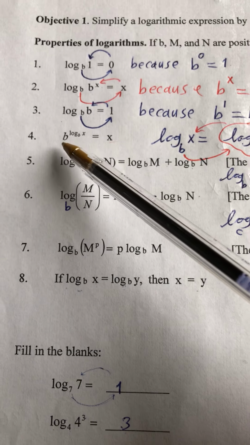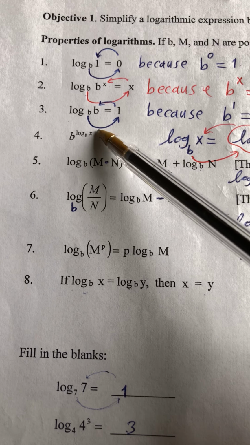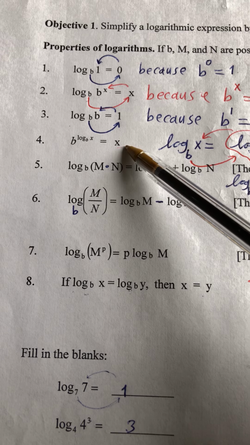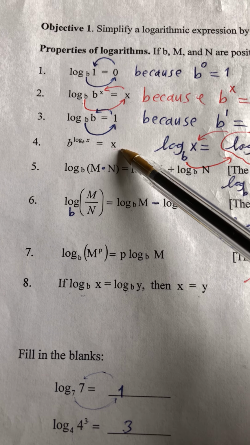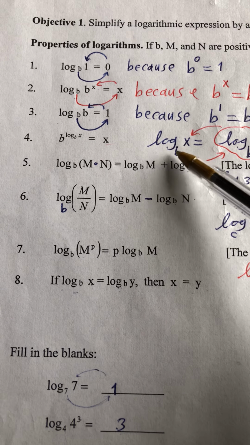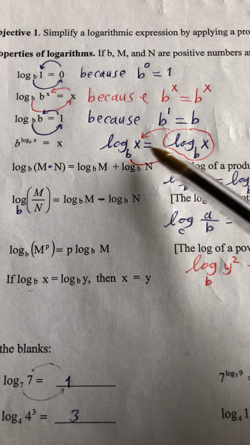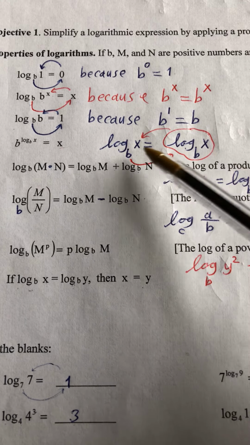4. b to the power log with base b of x equals x. To prove this, we know that log x with base b equals log x with base b, so these two are equal.